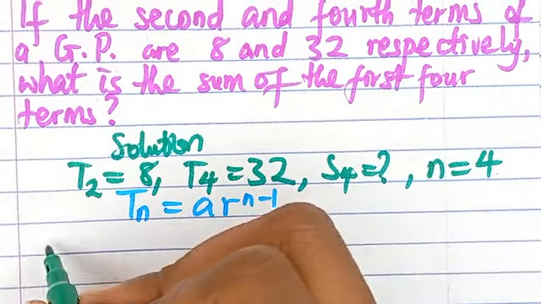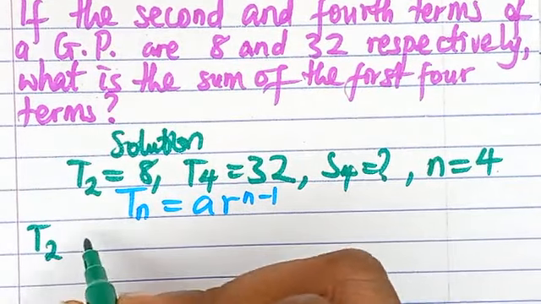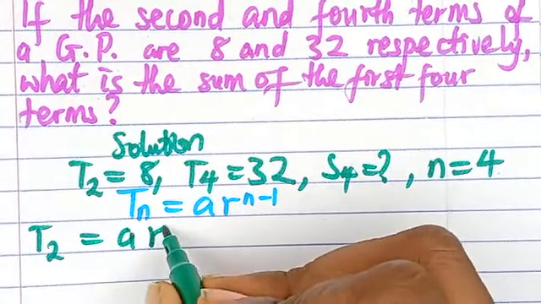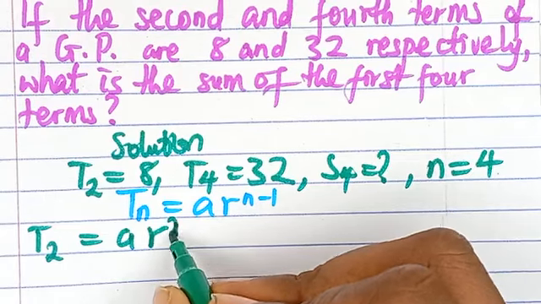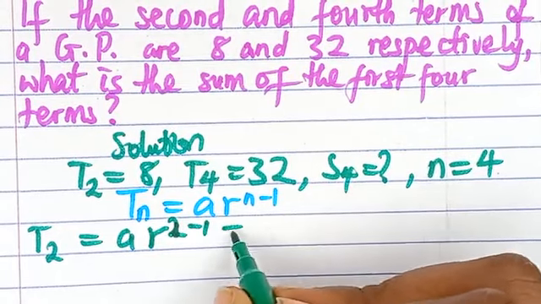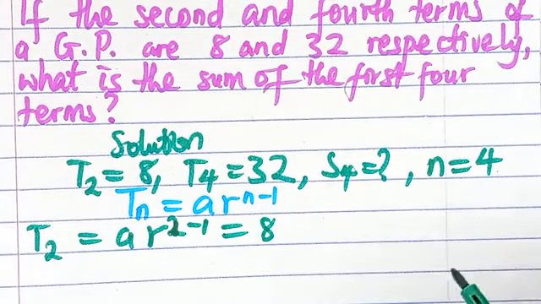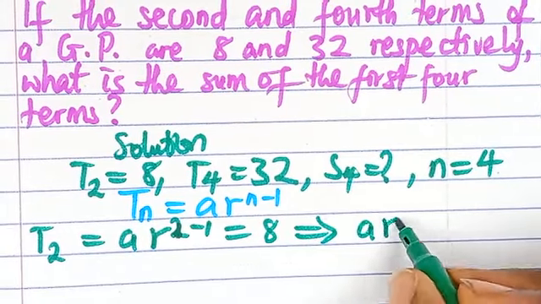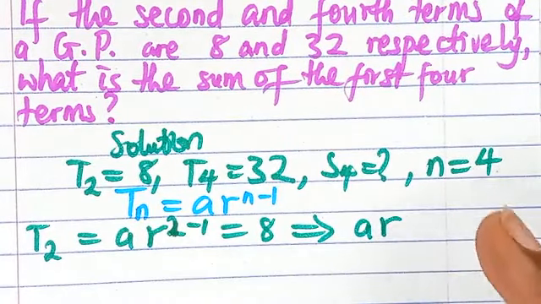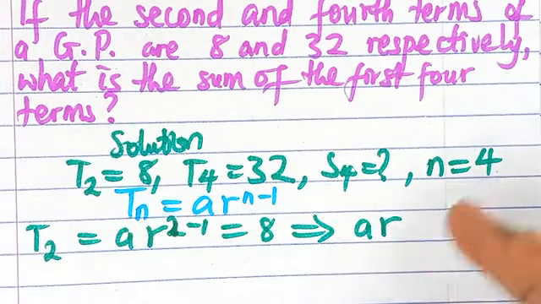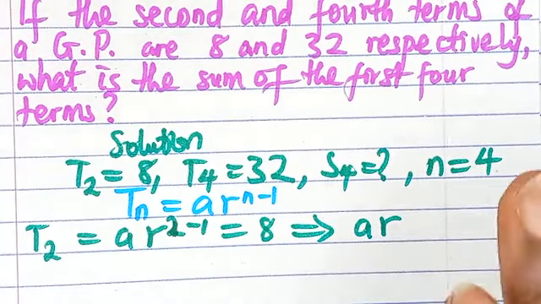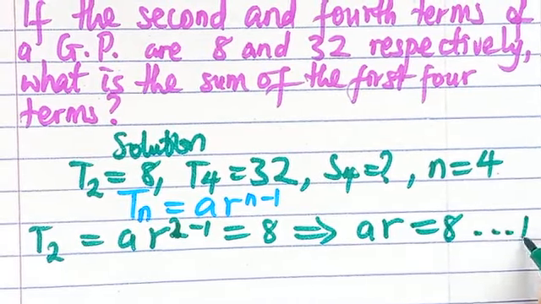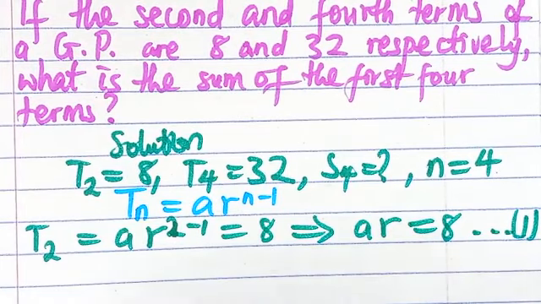So for term number 2, we have that a r to the power 2 minus 1. And remember, term number 2 is equal to 8, right? Okay. So we are going to have that a r to the power 2 minus 1 is 1. So r raised to power 1 is just itself. So it's just a r is equal to 8. This forms our first equation. Don't get scared.